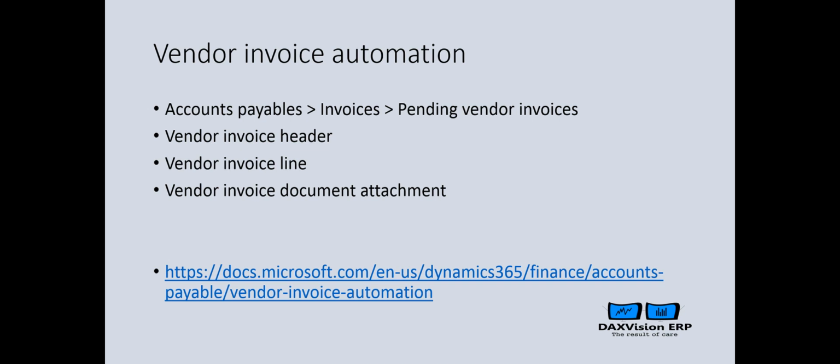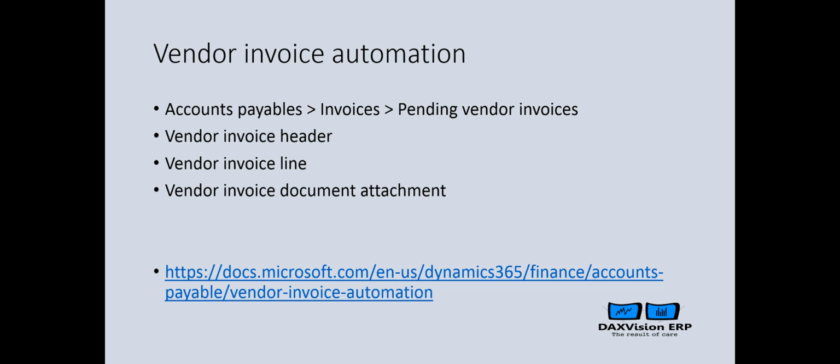So I said vendor invoice automation. It is under accounts payable, invoices, pending vendor invoices. It's a functionality for reading vendor invoices. For example, if you have an OCR tool, and Microsoft also has one, it can be an external tool.